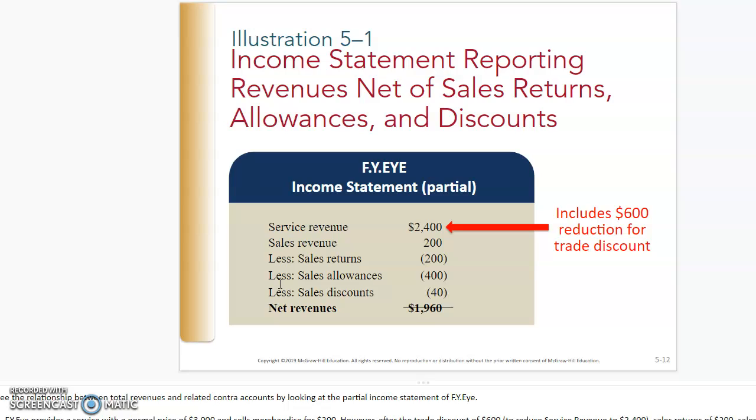Then we have sales returns, again, negative amount, sales allowance, negative amount, sales discount, negative amount, net revenue, $1,960. Okay, so that is the net amount that is owed. This is an income statement that would work if the transactions that we had here were the only transactions.